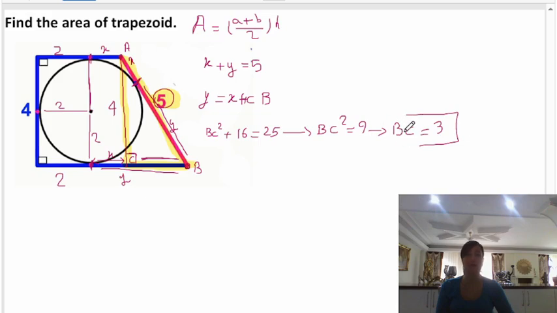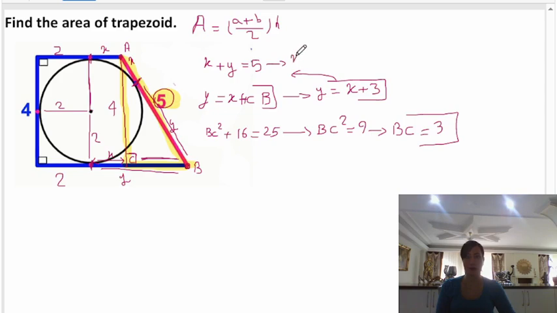I substitute the value of BC in the second step that I found. So y equals x plus 3. Okay, I go back to the first step and substitute x plus 3 instead of y.